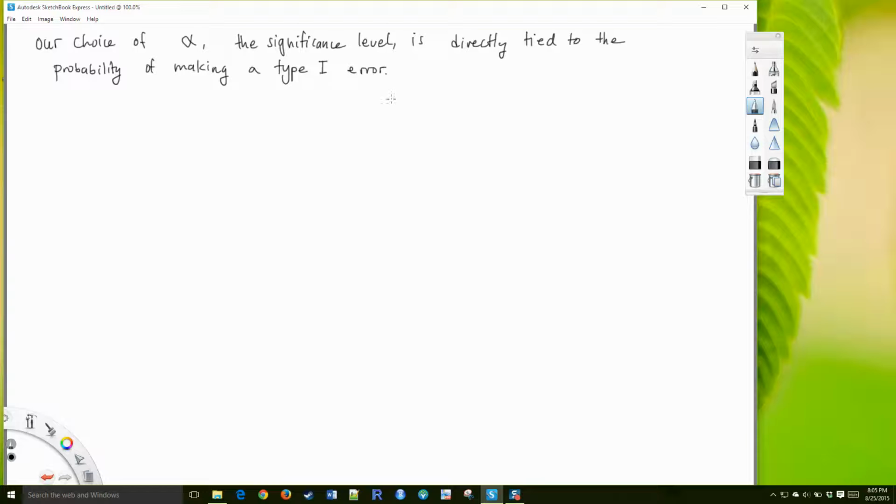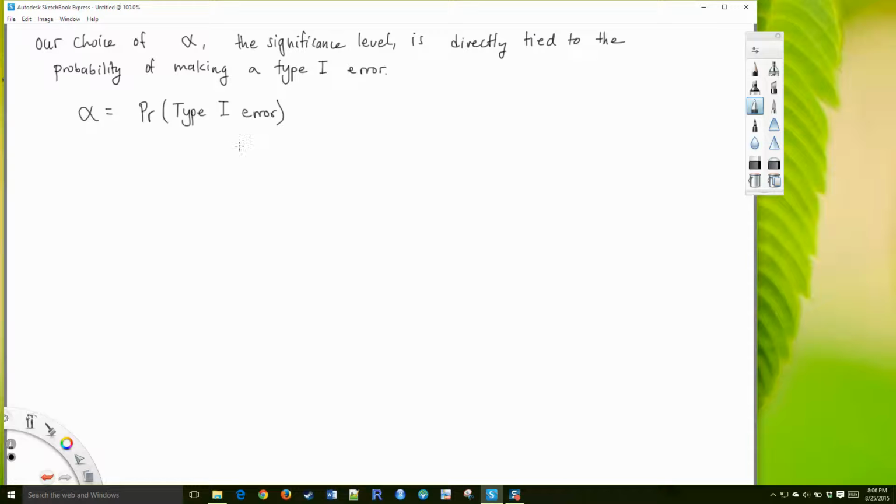In fact, we write that alpha is equal to the probability of a type 1 error. Again, what was the type 1 error? Rejecting the null when the null hypothesis is actually true. So alpha is the probability of a type 1 error.